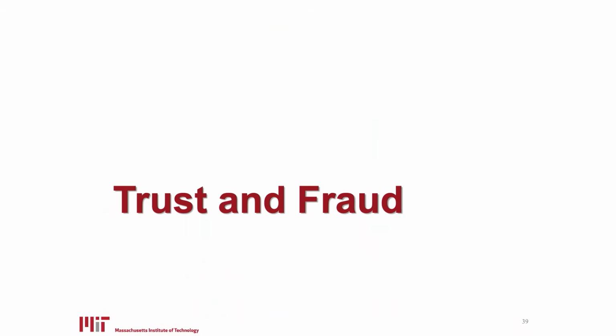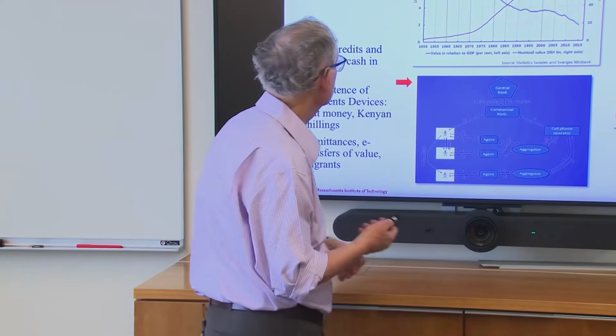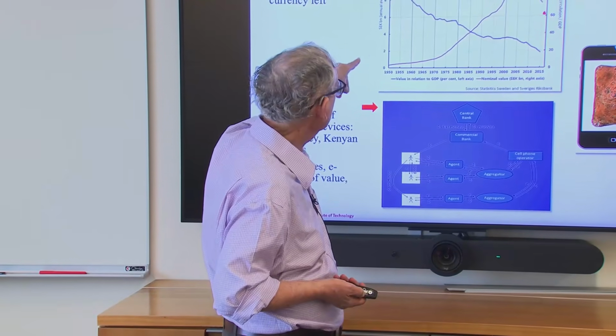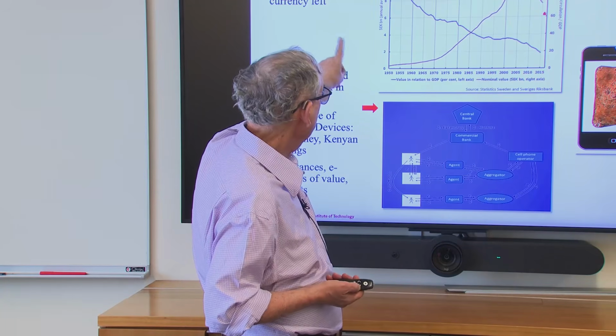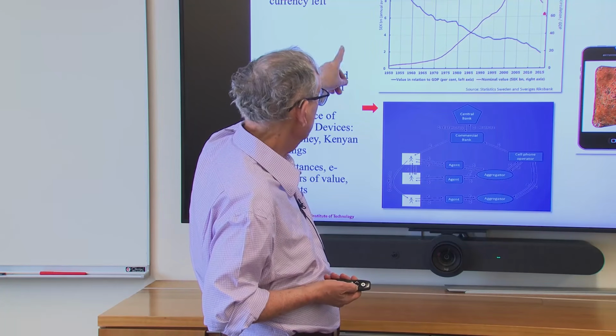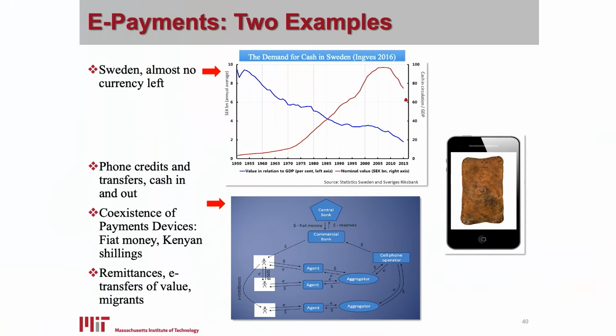Trust and fraud. Okay, this is Sweden up here, which has to do with the value of the amount of currency left in the system, and sometimes divided by the nominal value of GDP. Either way, it's kind of going down.